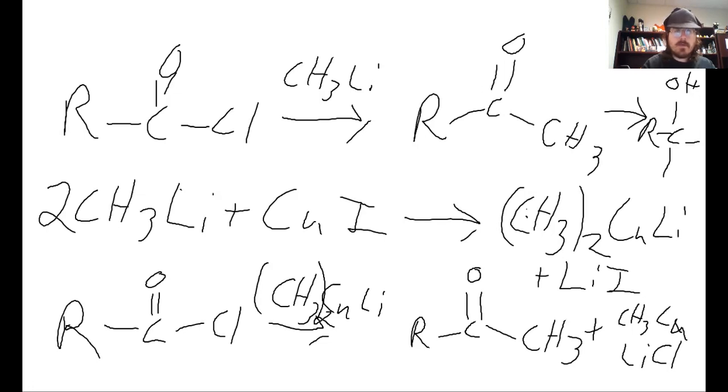But so far the premise right here is that if we want to stop at an intermediate, we need to find a way to add with a weaker source, something that's not going to over add, something that's going to just add one equivalent, something that's only going to add to one spot. It's not going to add to everything.